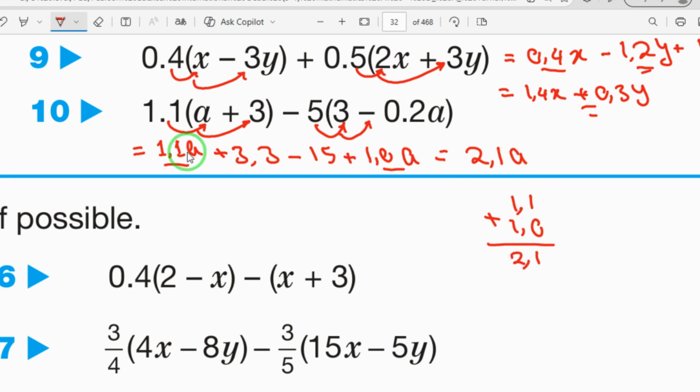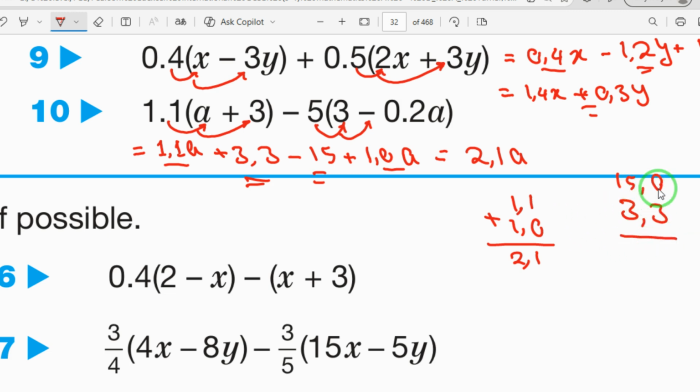We take one of the a, but here we subtract this part because the first one is positive, the second one is negative. We subtract 3.3 minus 15. Actually we subtract from 15, but the sign we take negative.